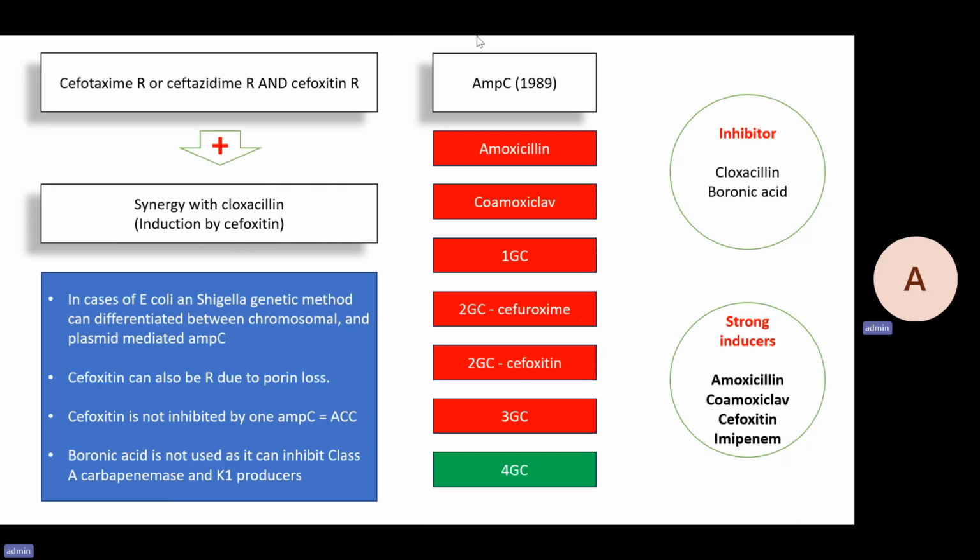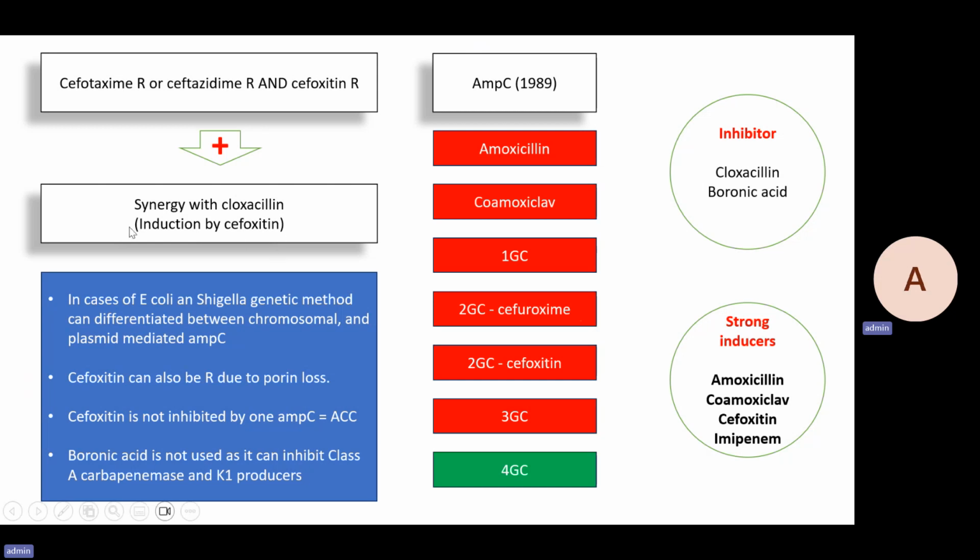Now, here, when you test with cefotaxime, ceftazidime and cefoxitin resistance, you will find those bacteria which are already producing AmpC. You won't find them if they are not. So this is for constitutive AmpC, bacteria which are already producing AmpC, or for inducible AmpC, those bacteria which start producing AmpC.